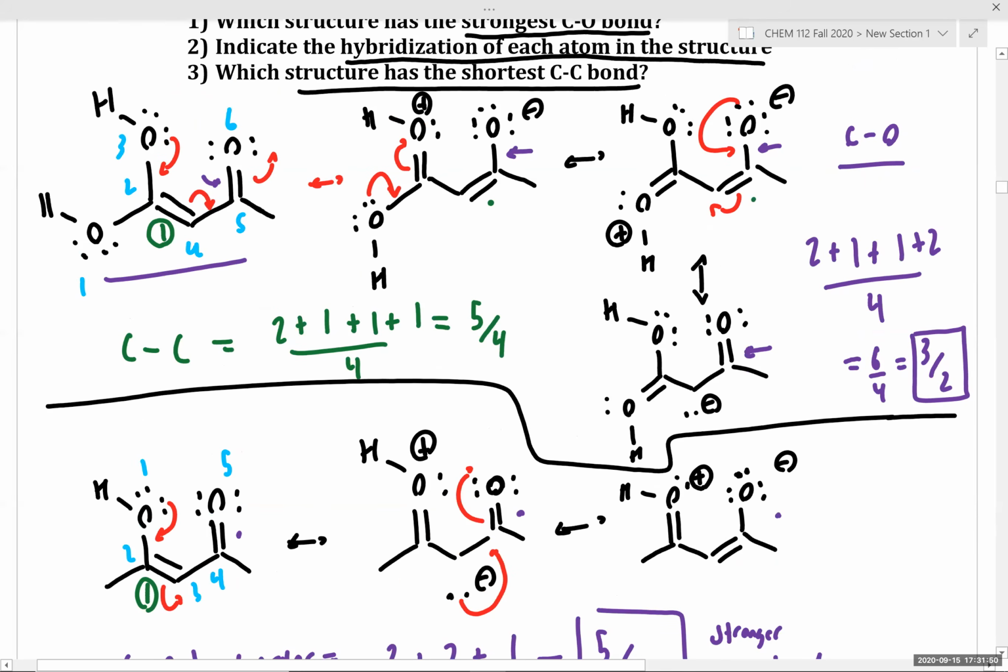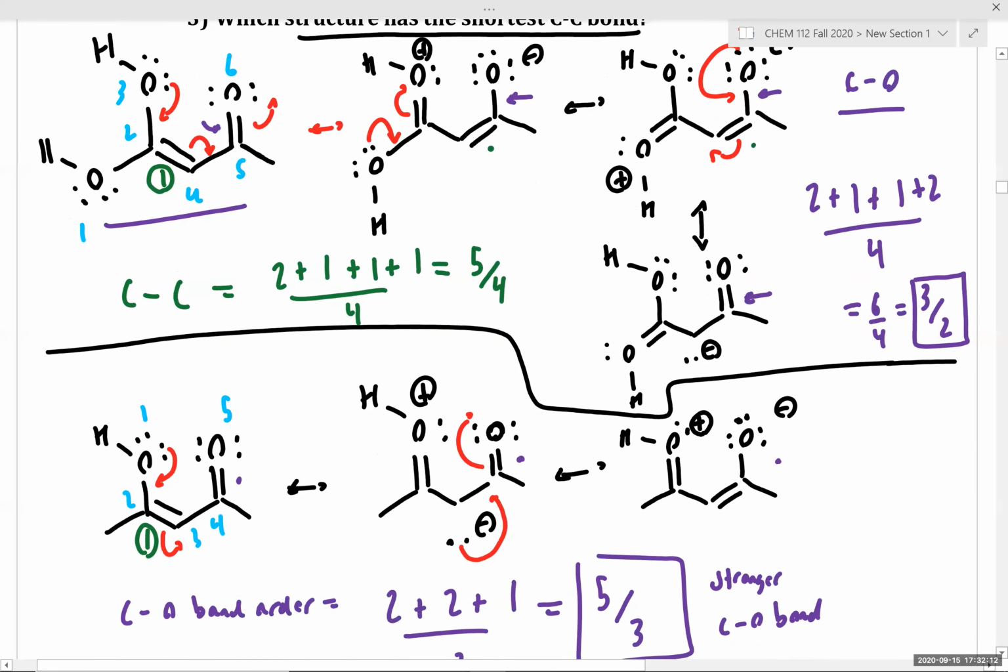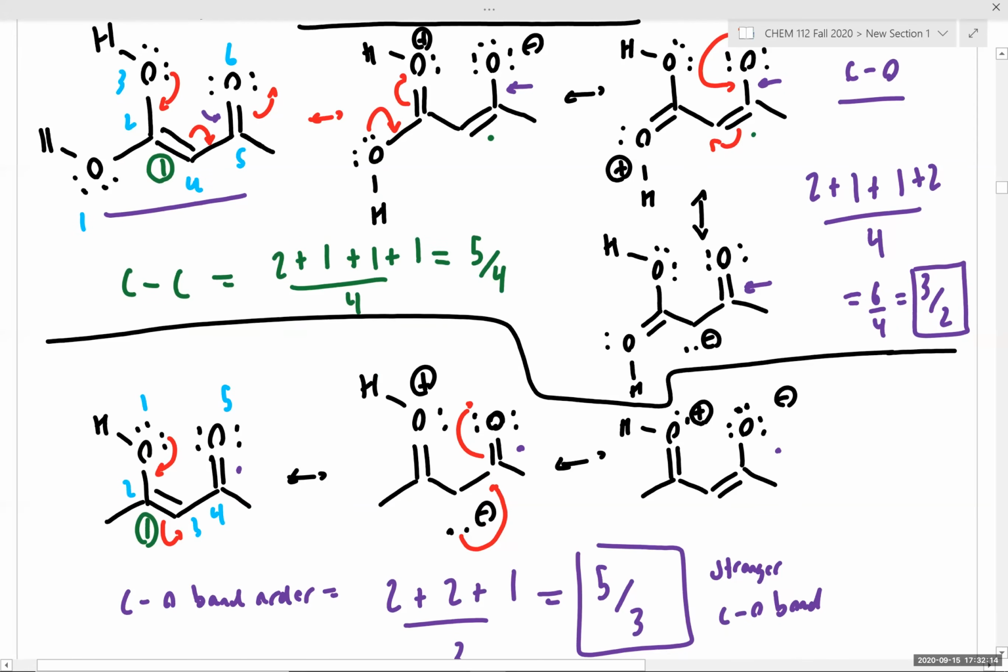This neutral structure has a slightly greater contribution. What I'm trying to get you to visualize, what I'm trying to get you to start to understand is the more atoms you're distributing the same amount of electron density over, the weaker your bonds are going to be. Does that make sense? Does that initial idea make sense to everyone?